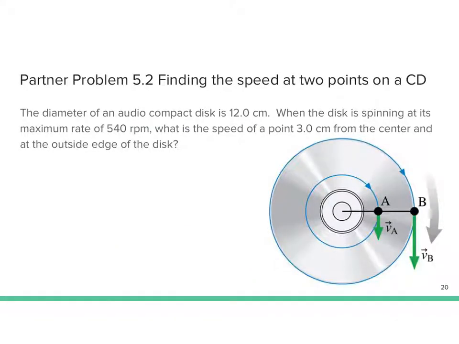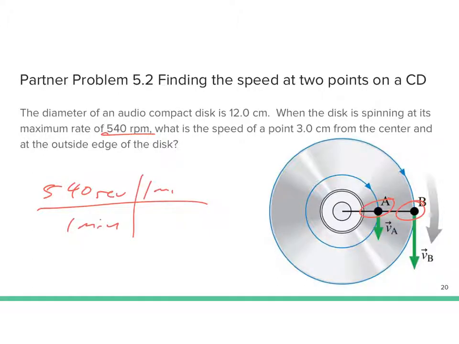Here is a partner problem. It's taking a look at 2 points on a CD-ROM. And again, this gives us information in revolutions per minute. So the first thing I have to do is, if that's revolutions per minute, I want to get stuff into 1 minute, into 60 seconds, and of course, 1 rev into 2 pi rad.